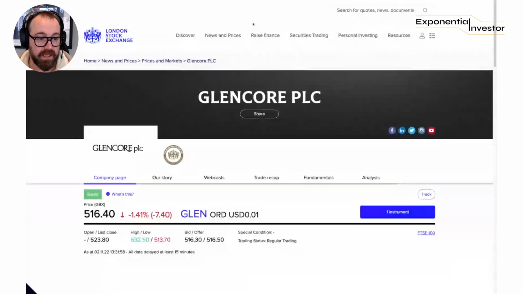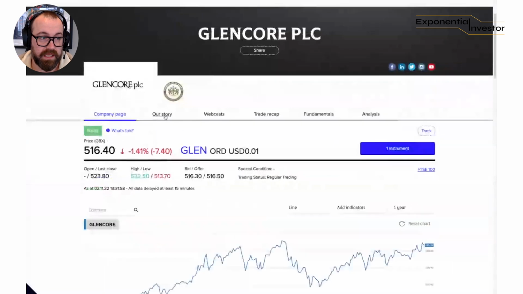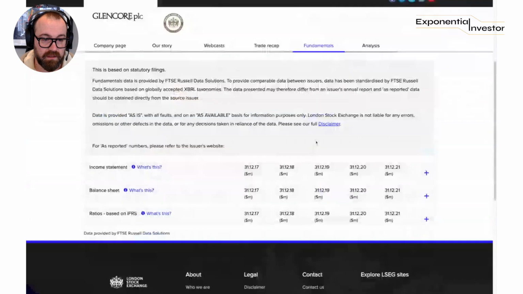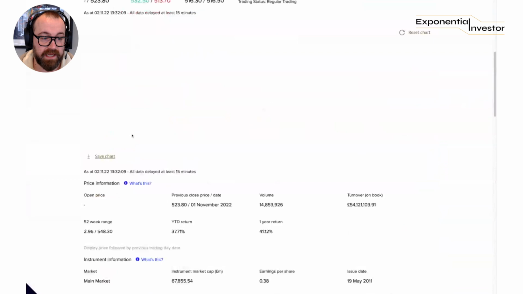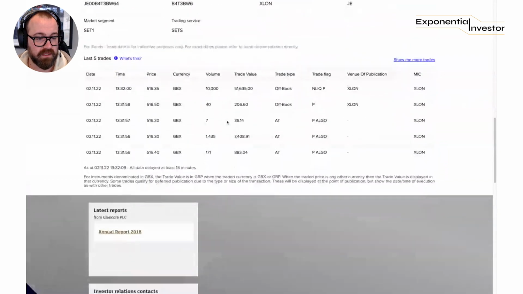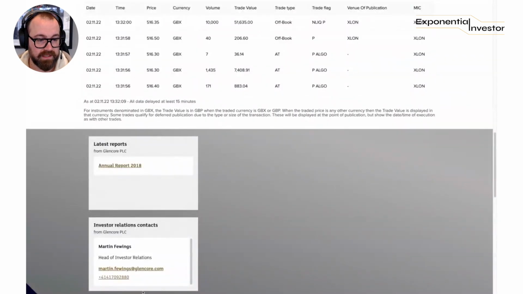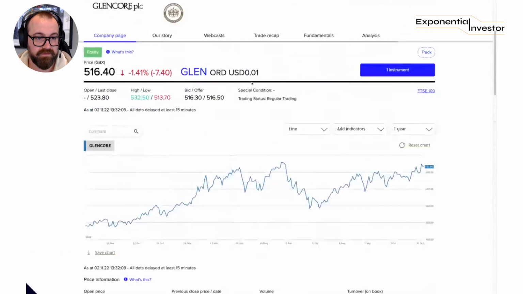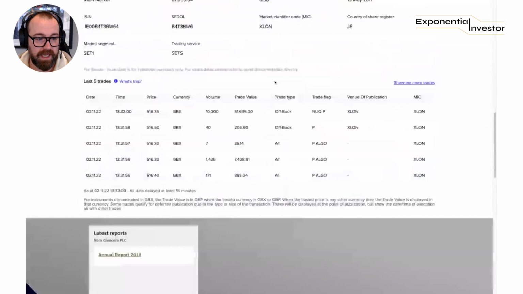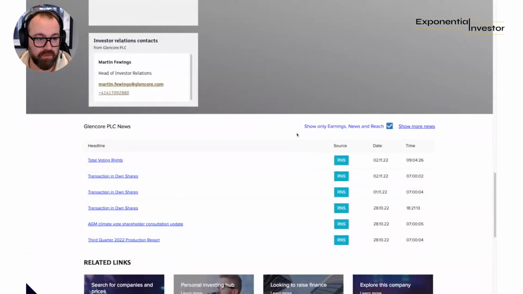Clicking through to that, it gives you all the LSE information, a whole bunch of extra data on their income analysis, the company page, their latest announcements, latest reports. You get details on the investor relations. This is a very useful part of your research process when you want to make sure the information you're getting is accurate and up to date.